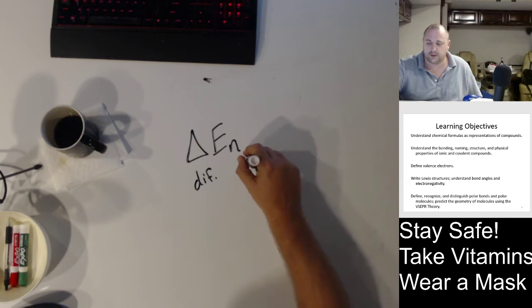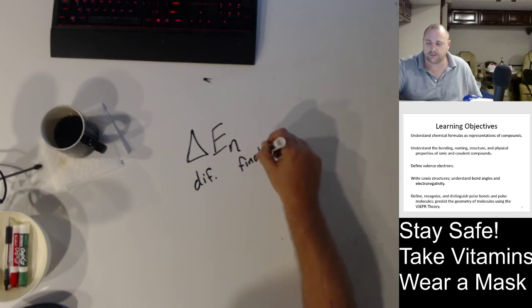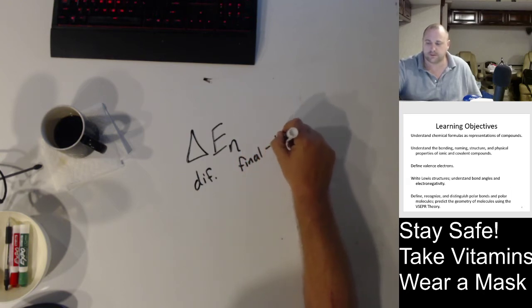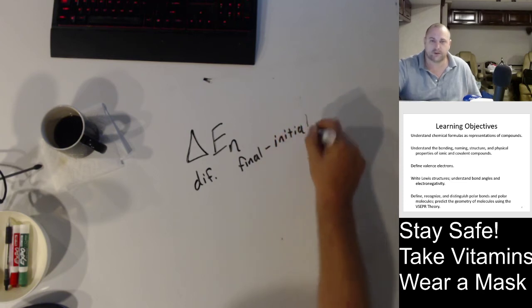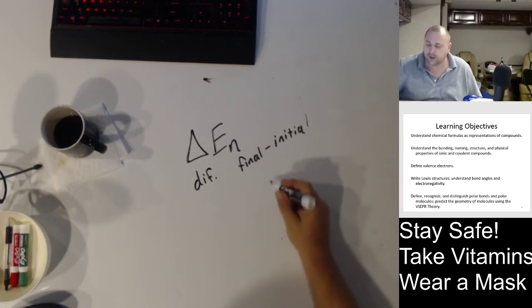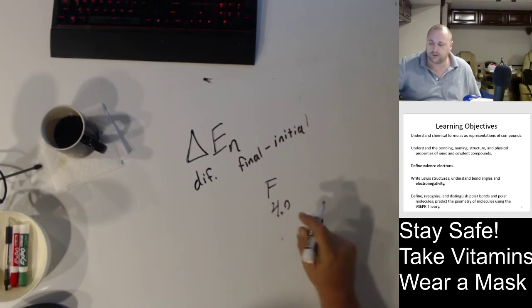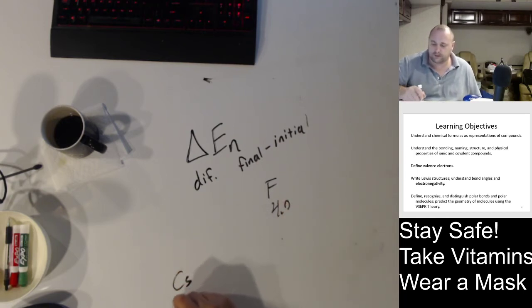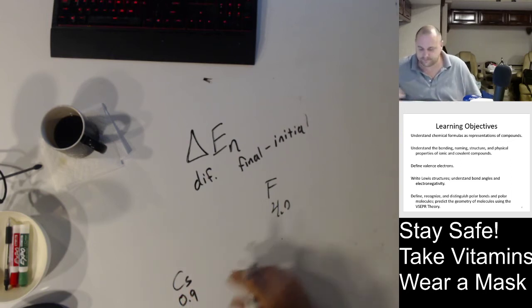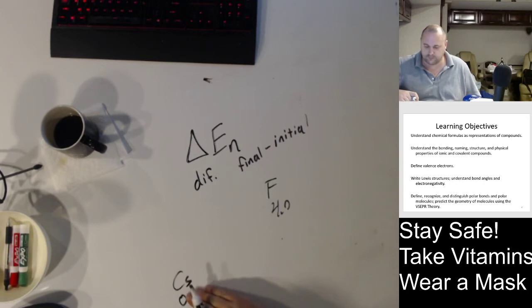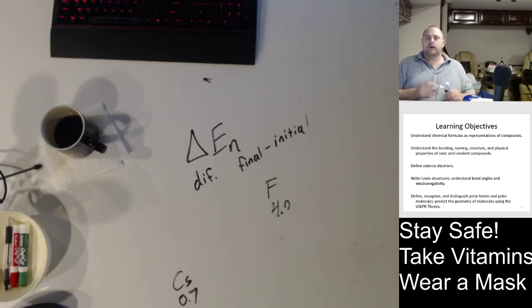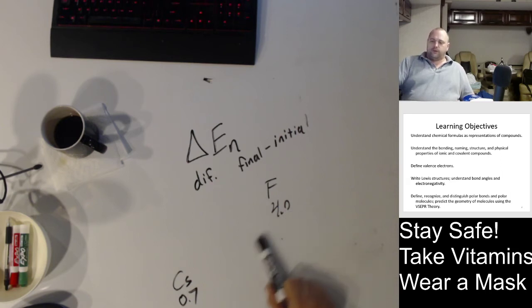Usually we think in final minus initial, but we just subtract the two electronegativities. And what we find is fluorine is the highest at 4.0, and cesium way over here is the lowest at 0.7. All right, so the biggest difference we could have is 3.3.